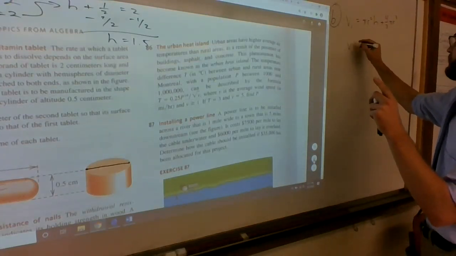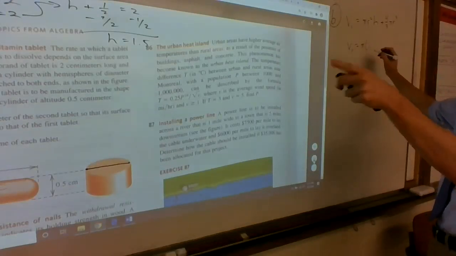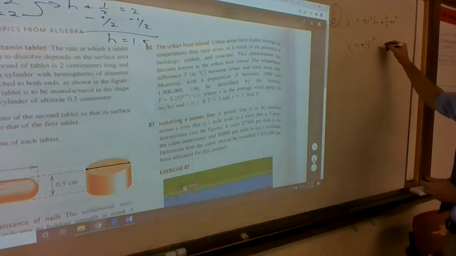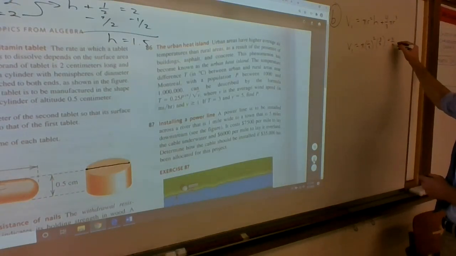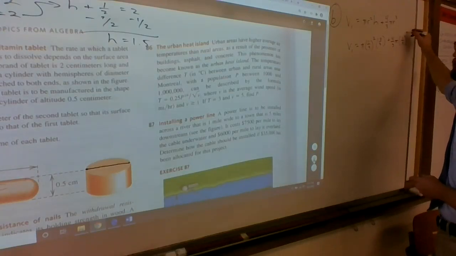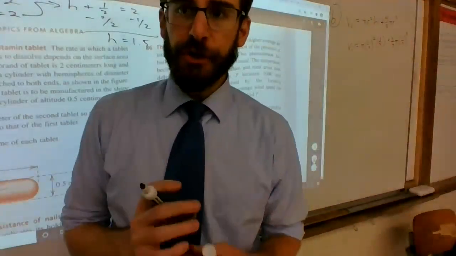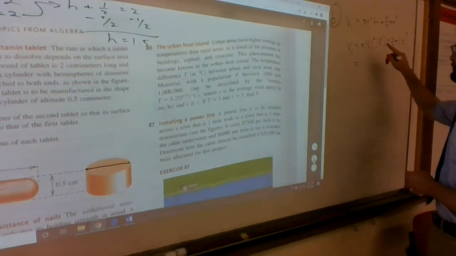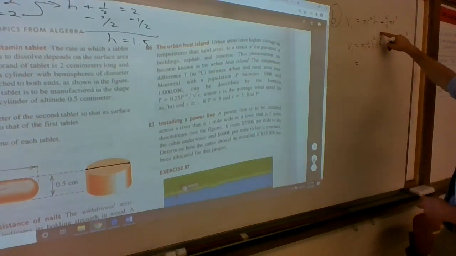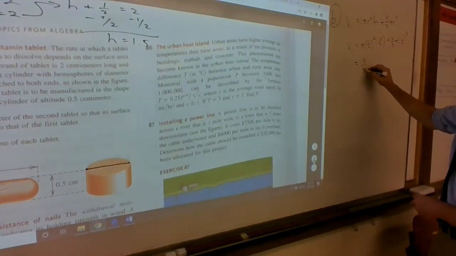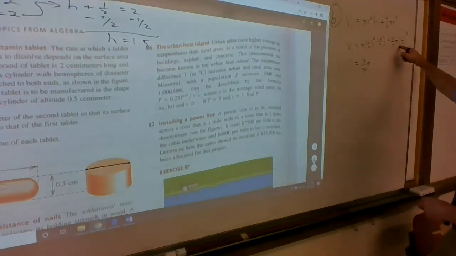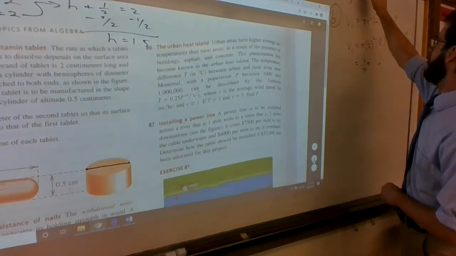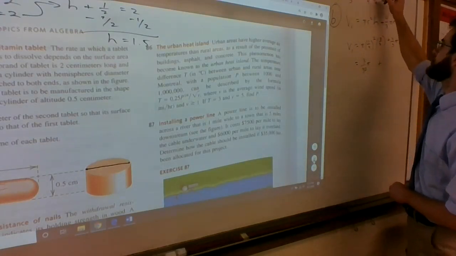Which we know that 1/4 was the radius, and the height was 1.5. So you can do that algebra any way you figure out how to. This is going to be 1/16 times 3/2, so it's going to be 3/32 pi here. And then over here it's going to be, well, 4/3 times pi times 1/4 times 1/4 times 1/4.